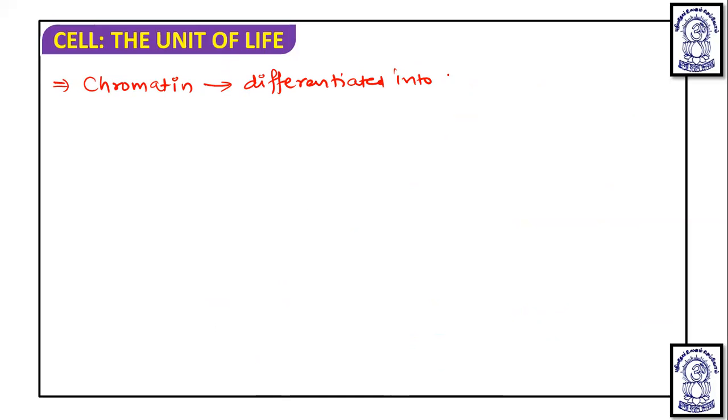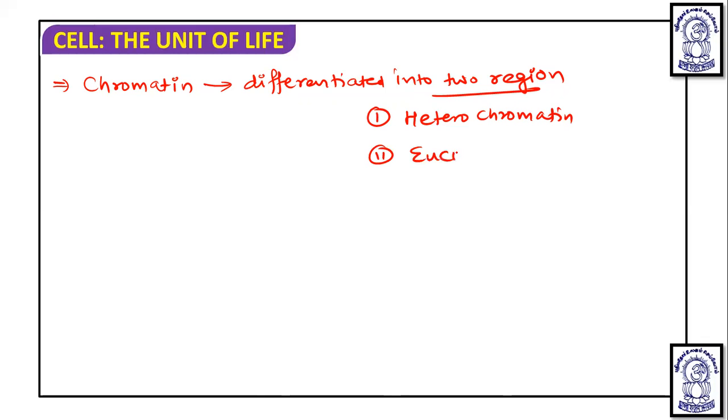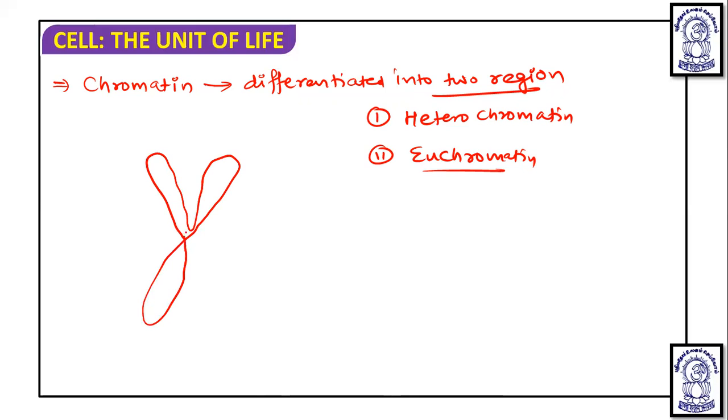Number one is heterochromatin, and number two is euchromatin. Suppose this is the chromosome. In the chromosome, the chromatin is tightly coiled here, but here it is loosely coiled.